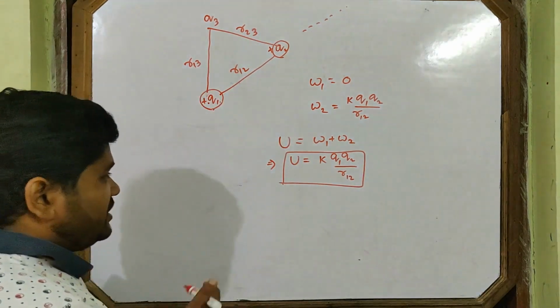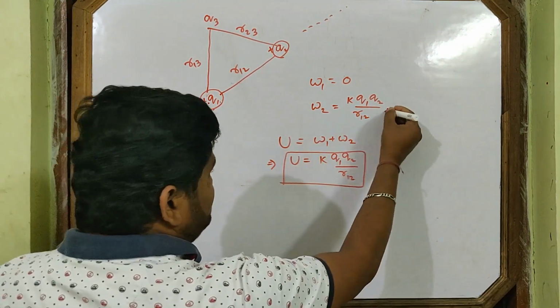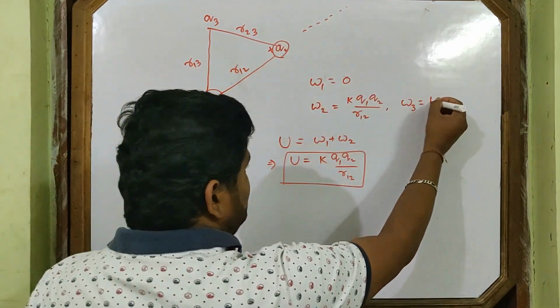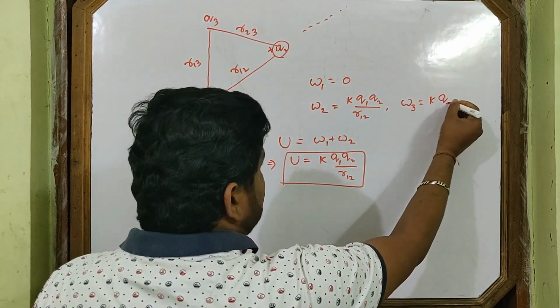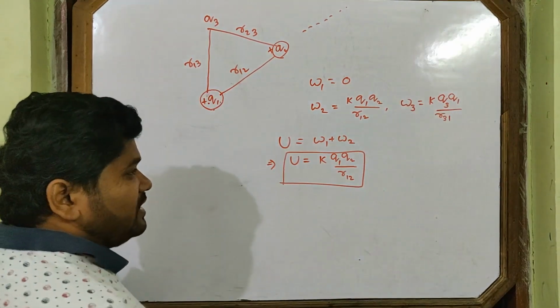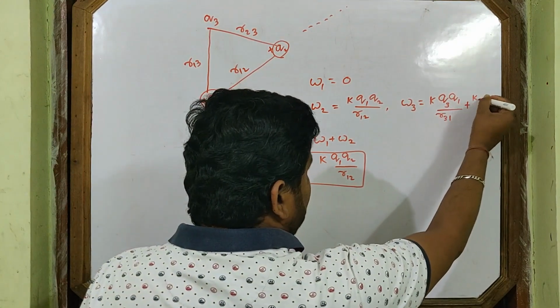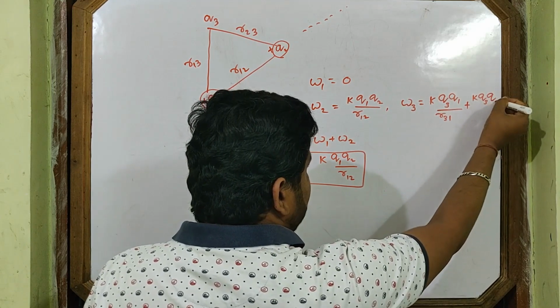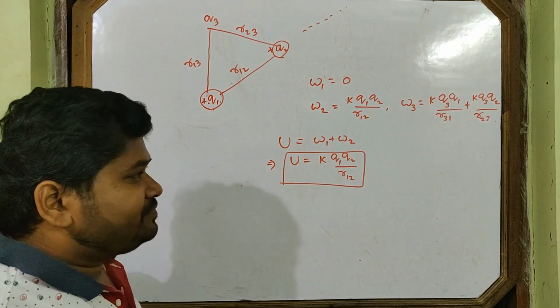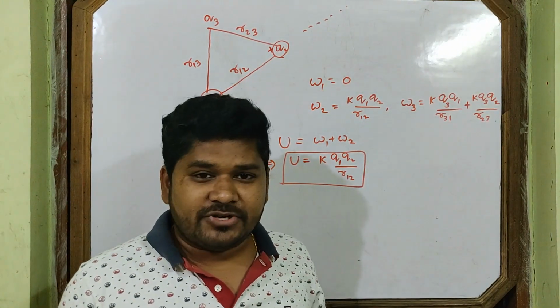So now see, another work we have to do, that is W3. One is Q3 coming against Q1, r31. Another work is Q3 coming against Q2, that is r23 or r32. So this is the W3 expression.